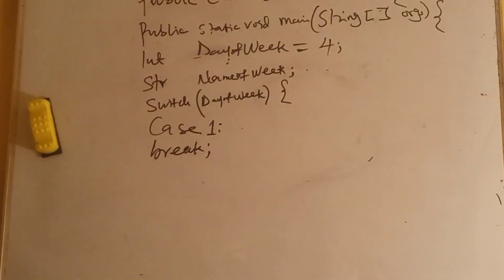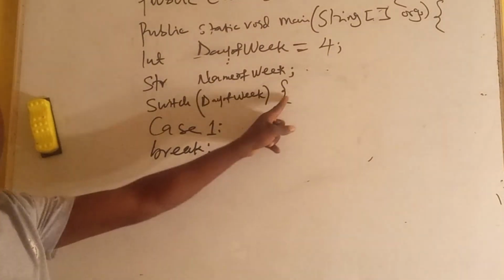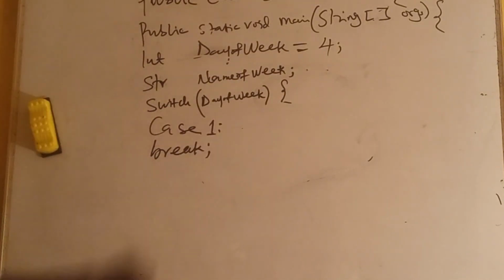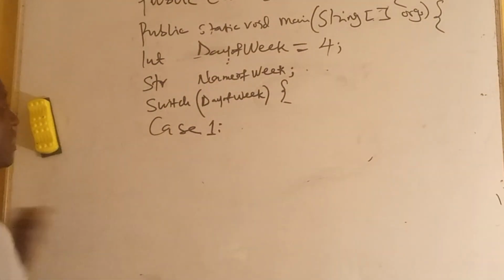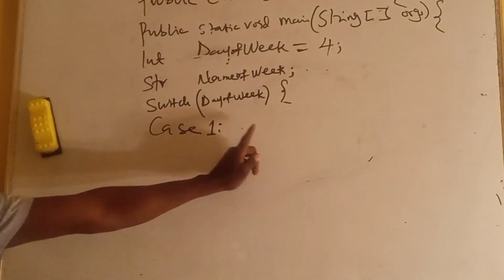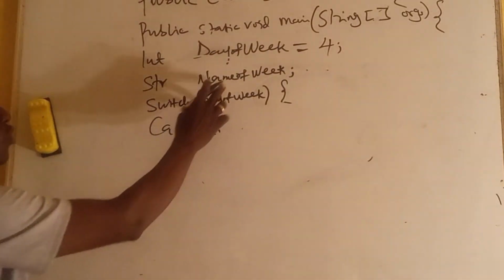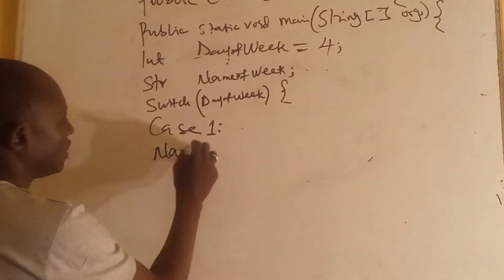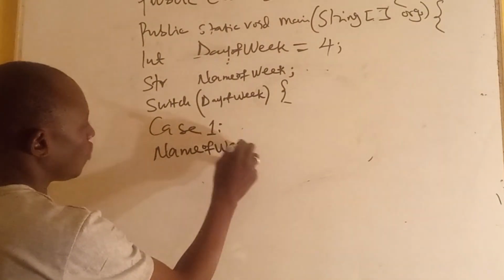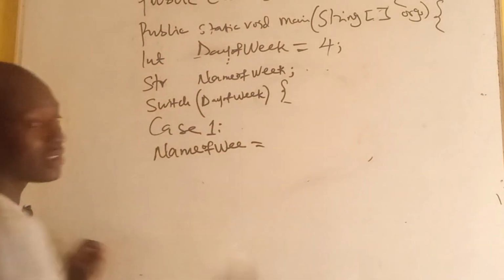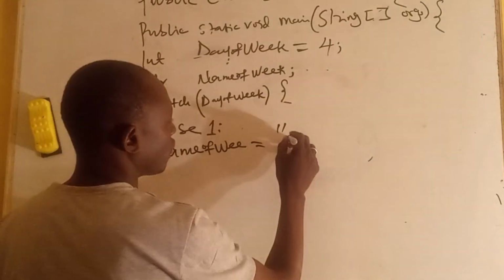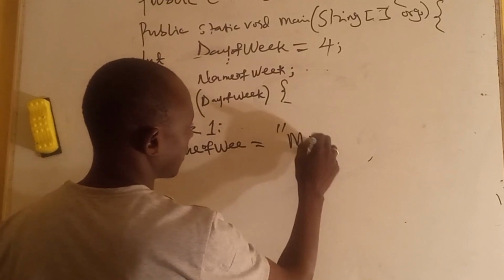It's at the break that you end the statement. Sorry. Switch day of the week, you open your curly braces here. Your case 1 is going to be name of week, and name of week is equal to, starting maybe from Monday.